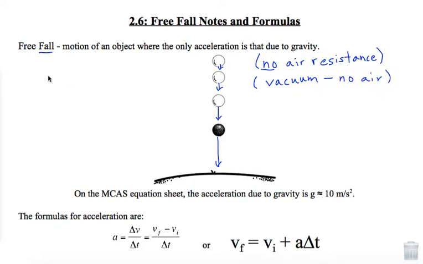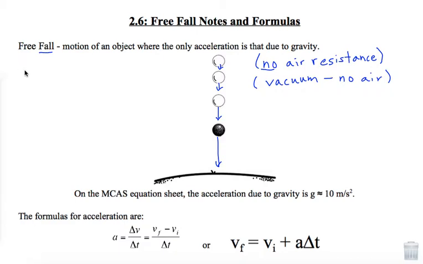So free fall is the motion of objects falling, dropping, when the only acceleration is that due to gravity because there's no air. We're in a vacuum. Or at least there's so little air resistance that it doesn't matter.